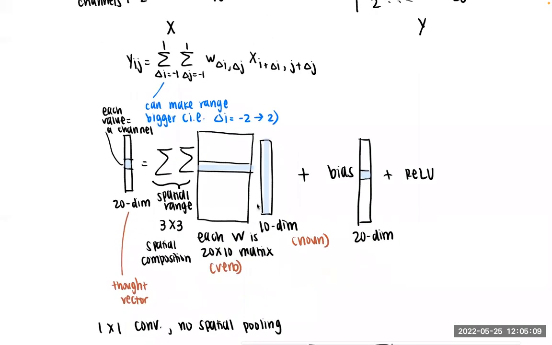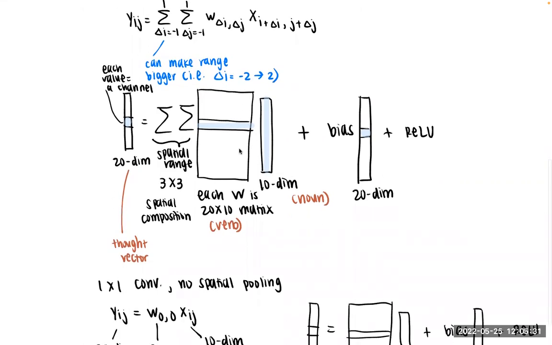So you can think of each vector as an entity, as a noun, right? And then each matrix is like a verb or operator. It operates on this noun to perform some transformation or extract some message or some thought, and then you add them up.